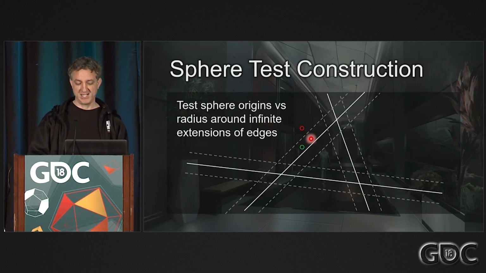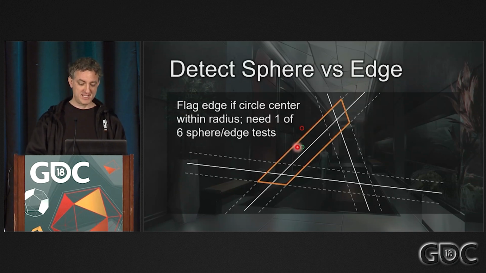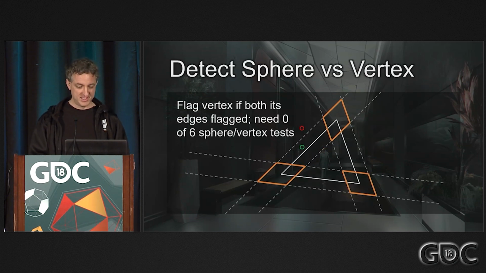And we can do a radius check to see, is it in this band? So a sphere versus edge test is needed if you're inside this box. We see if you're inside this infinite band. If you're inside these two edges, you need to do it. Or if you're inside these bands, you need to do it. And so that's just a few tests. Vertices are similar. If you're inside this band and this band, you need to test this vertex. We don't need to test any of our 6 vertices.